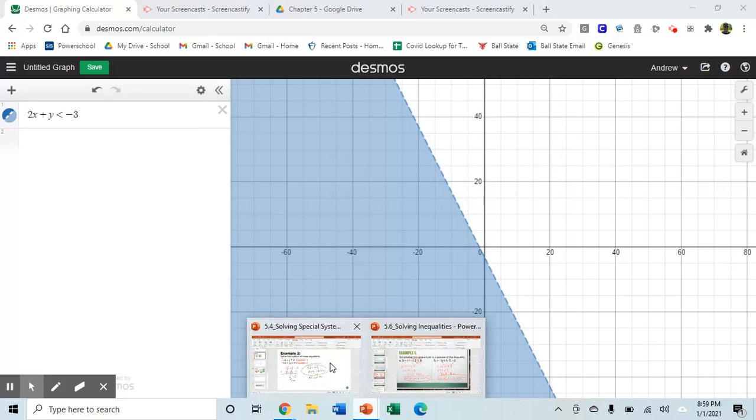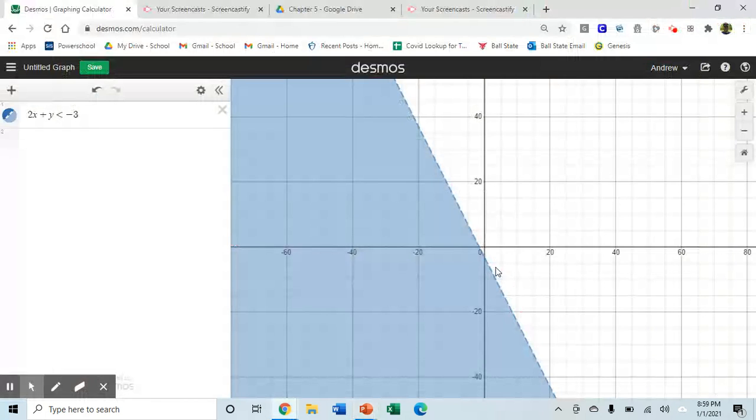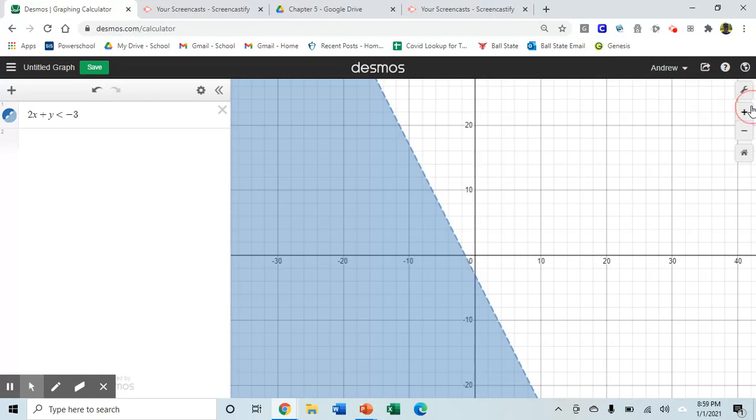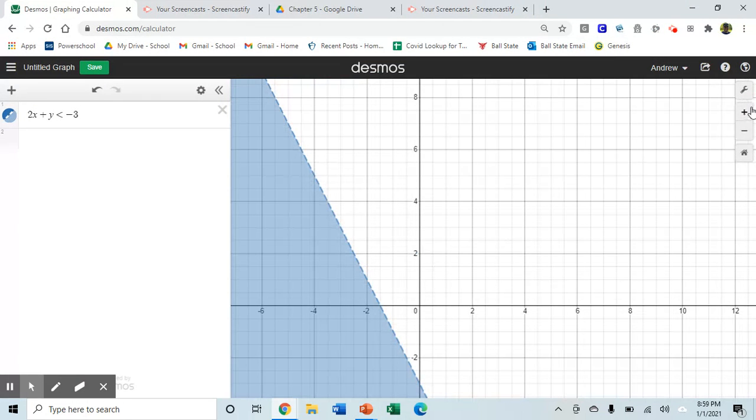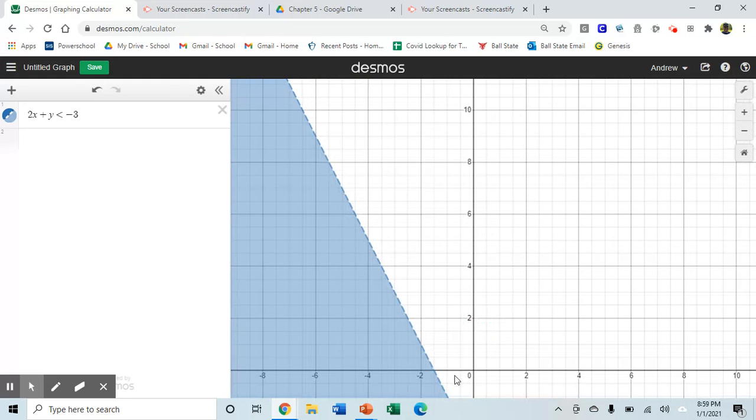So if we look at what we were asked about, which was negative 1 comma 9, I zoom in here, and I go to negative 1, which is right here, up to 9, which is right here. Notice that it's not in the shaded region, and therefore it is not a solution.